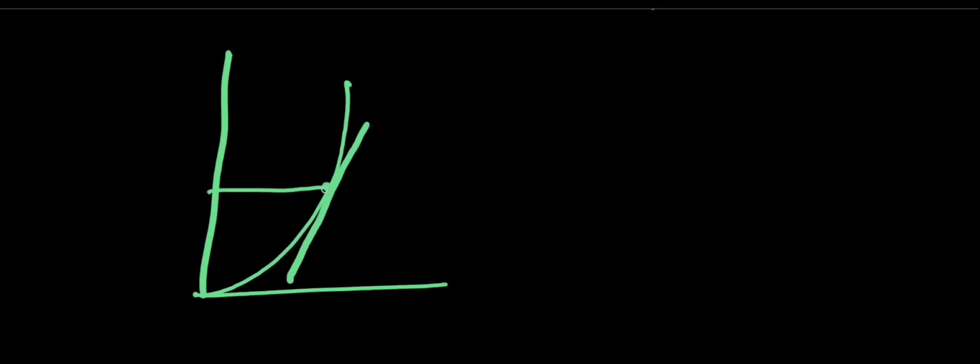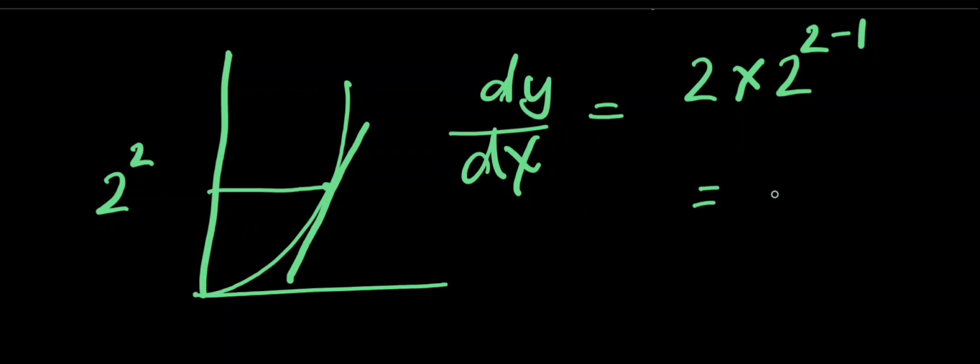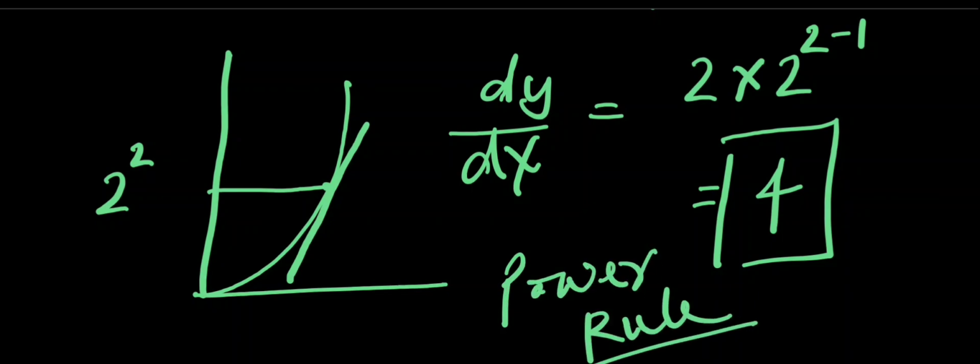Alright, suppose the y value here is equal to x squared at x equals 2, so the derivative would be equal to 2 times 2 raised to 2 minus 1, which is 4, using the power rule. Remember, how did we get this?